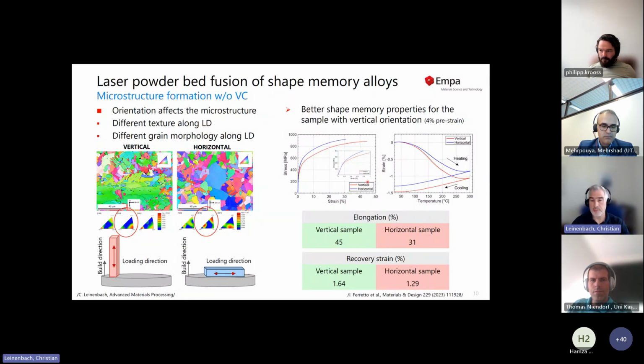No, vice versa, I was wrong. But also in free recovery, vertical samples show a somewhat better performance than the samples fabricated in horizontal direction. And that already gives a hint that if we manage to manipulate the texture, we can manipulate the shape memory properties.